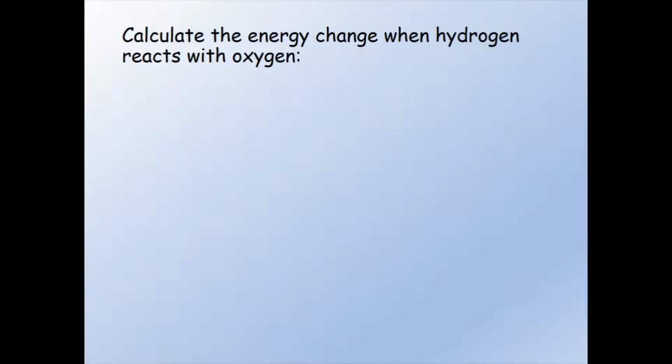When you are given a question like this, you will also be given the reaction equation with the bonds being displayed. So we can see here that we have 2 hydrogen molecules with the hydrogen-hydrogen bond, 1 oxygen molecule with an oxygen double bond. They react to 2 water molecules, and in the water we can also see the oxygen-hydrogen bond.